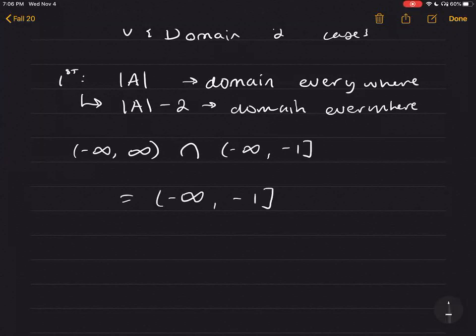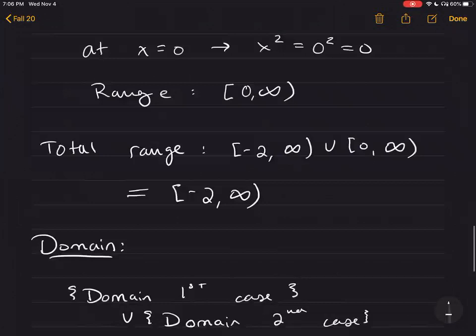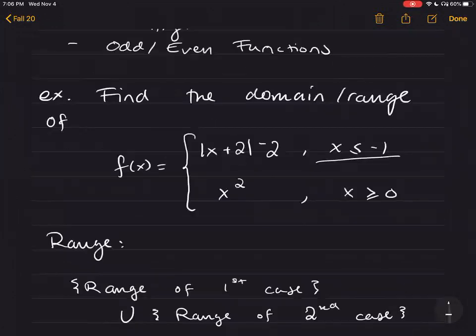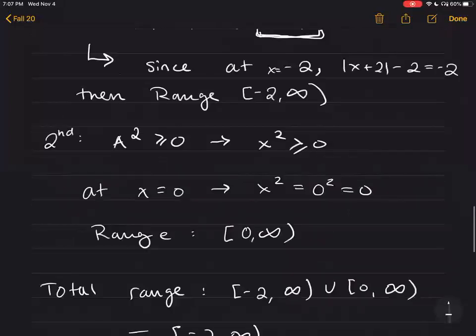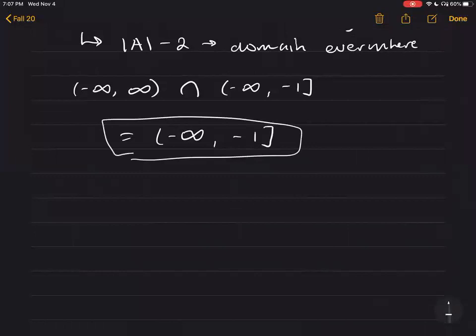Another way of looking at this is that the first case is defined for everything less than or equal to -1, and the absolute value part in case 1 doesn't have any holes anywhere, so it just stays everything less than or equal to -1, in which case you'll get the same answer. Okay, that was the first case.